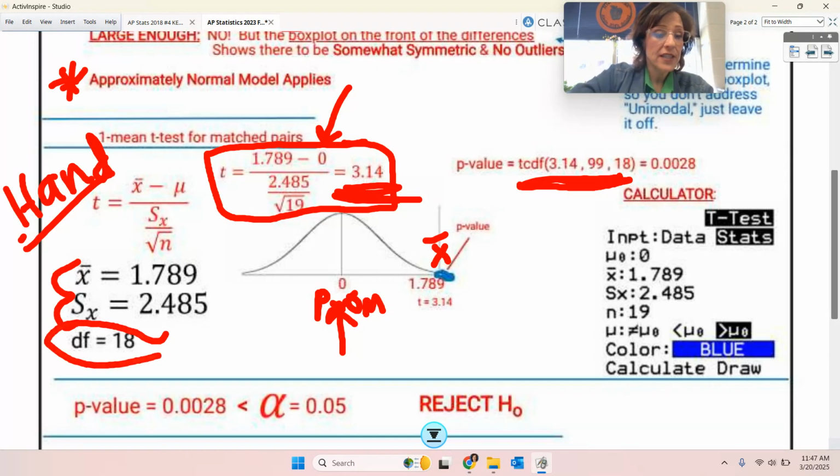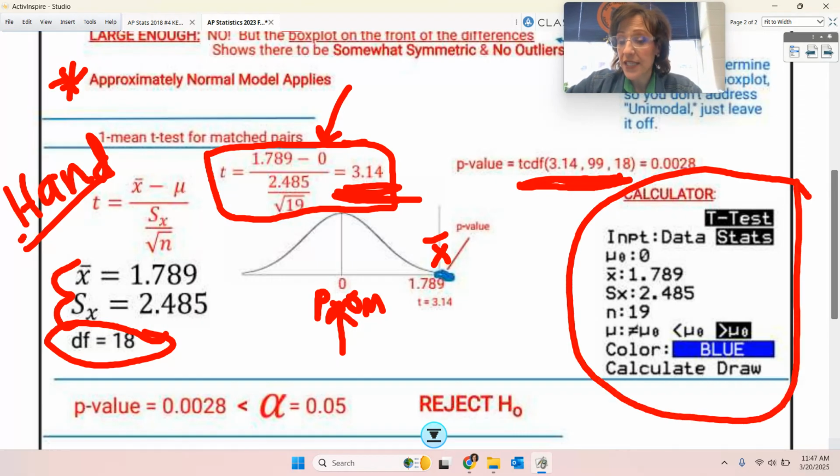Make sure somewhere in here you have written and acknowledged a degrees of freedom of 18, or you have lost some credit there. Now, you might have chosen to just use the calculator. If you did the calculator, you put it in like this. What it gives you is, the first thing it says is t equals 3.14.